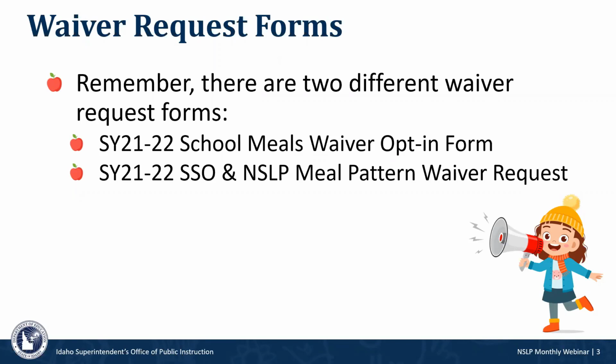The school year 21-22 SSO and NSLP meal pattern waiver request is a form where we need you to identify which meal pattern issues you are encountering, submit those requests for state agency review and approval, and then you'll be receiving a letter identifying which ones you were approved to utilize. The forms look similar when you are completing them, but they have different processes and the intentions are very different.